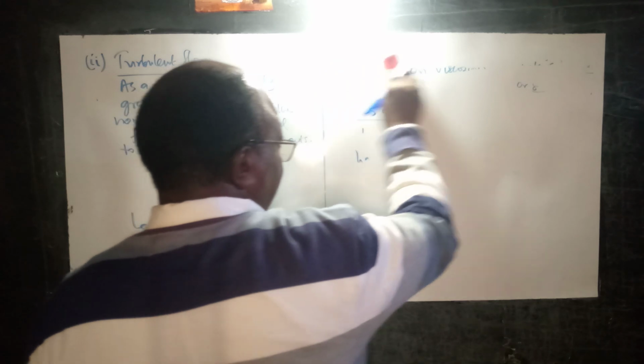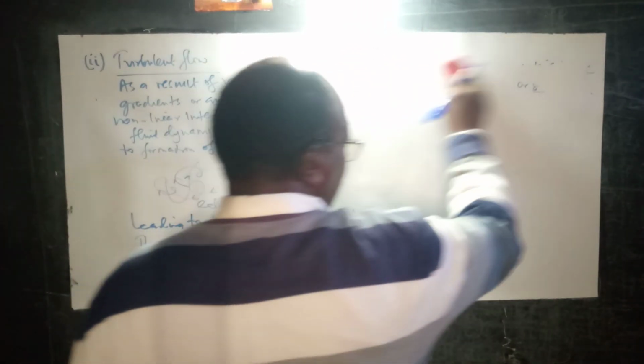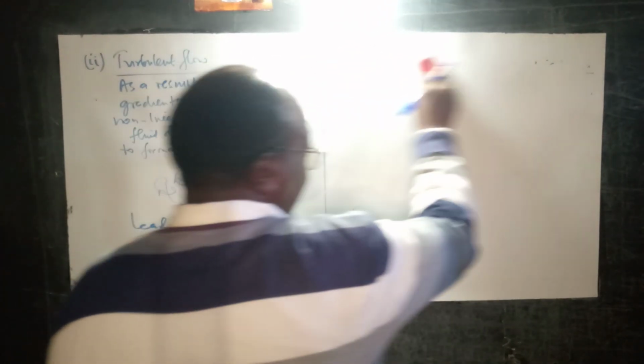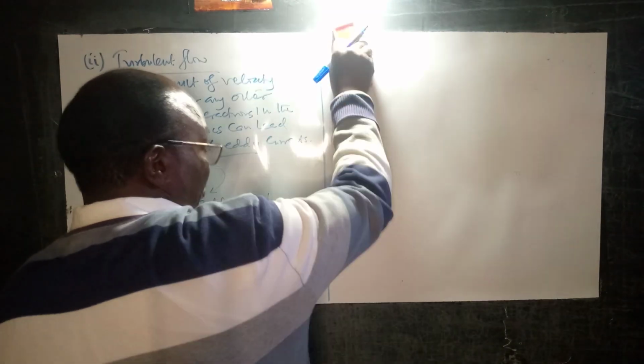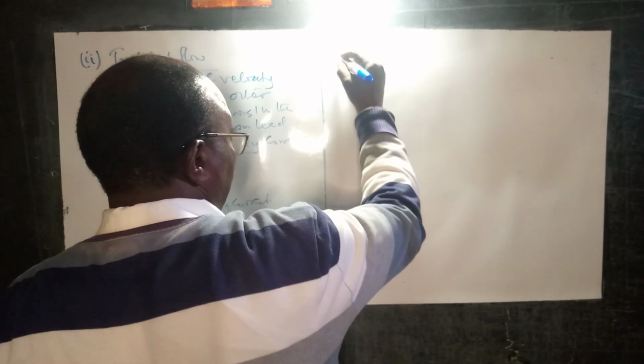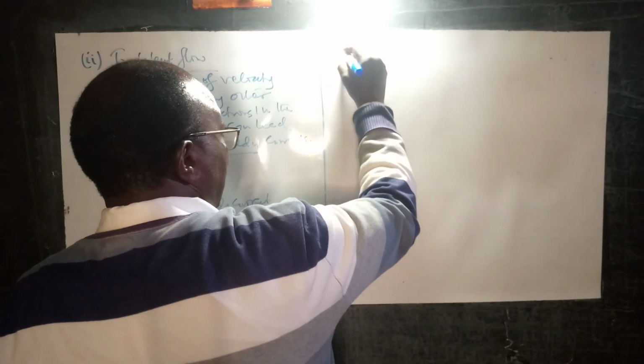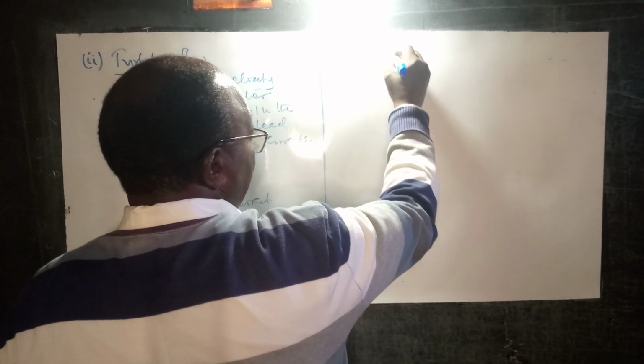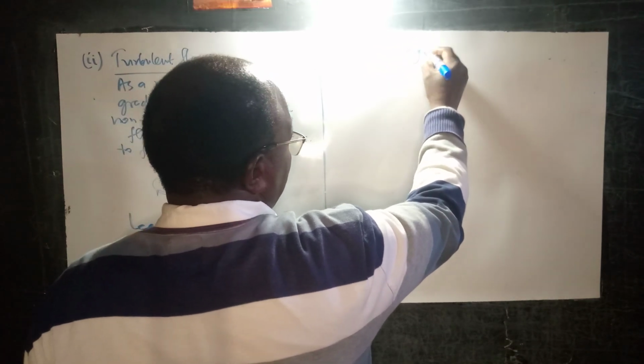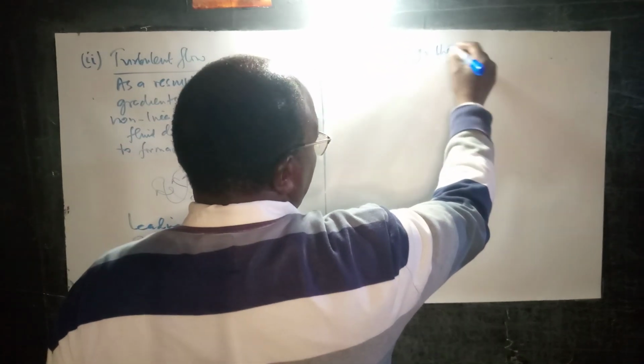Now, what happens is that if we have a surface, let's talk of the boundary layer theory.